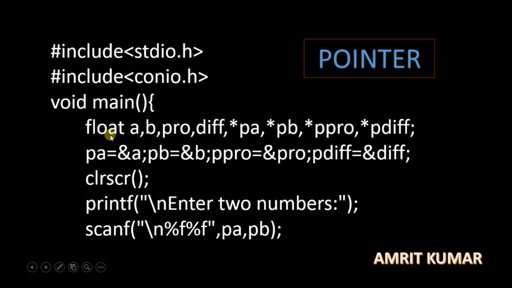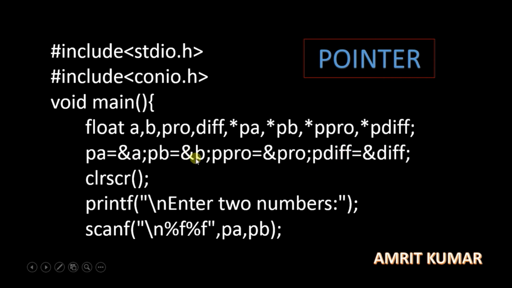So these are all going to contain only float values. Then I am assigning the address of a to pointer pa, the address of b to pointer pb, the address of pro to pointer ppro, and the address of diff to the pdiff pointer.